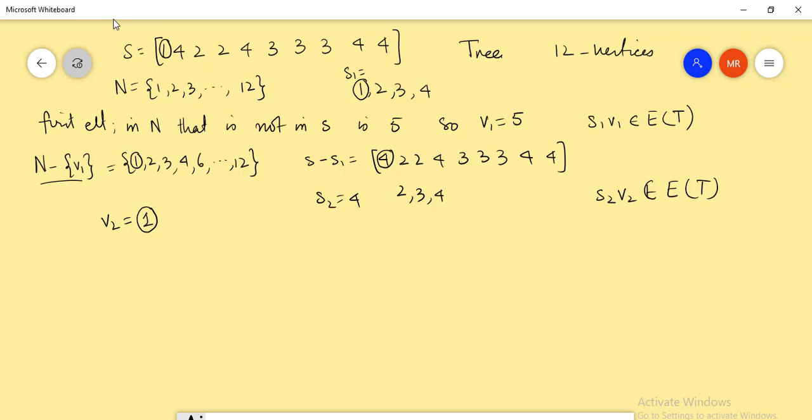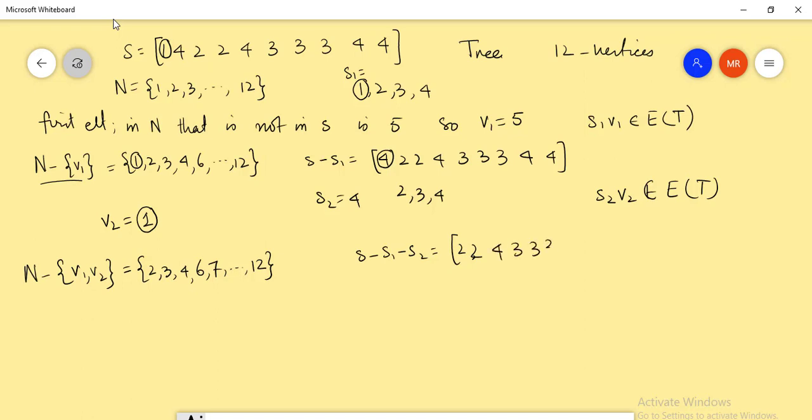At the next iteration, we have N minus V1, V2, and the set becomes, we delete 1 and 5, since V2 is 1 and V1 is 5, to obtain 2, 3, 4, 6, 7, up to 12. We delete S2 as well from the vector to have 2, 2, 4, 3, 3, 3, 4, 4.